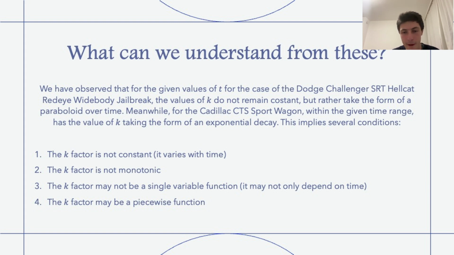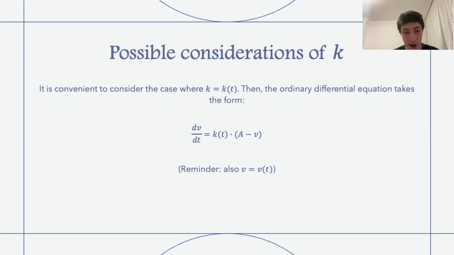So we keep on going, and I actually find this as the most probable consideration for k. So I first determine that k only depends on time. Maybe it works, maybe it doesn't, we don't know.